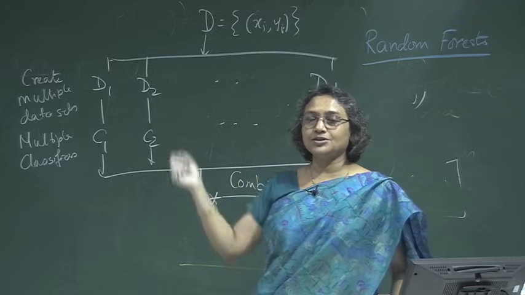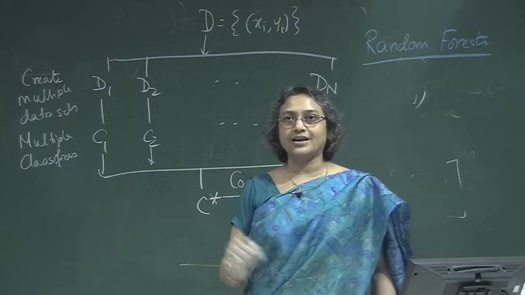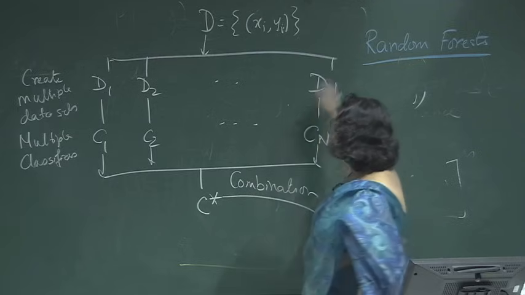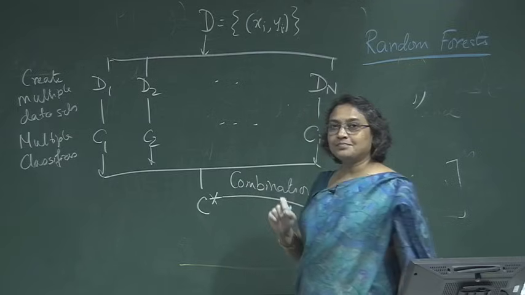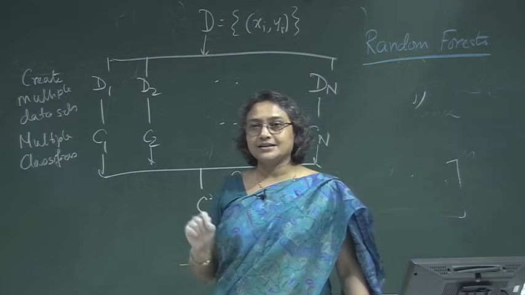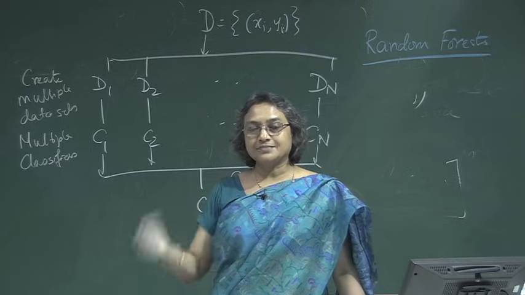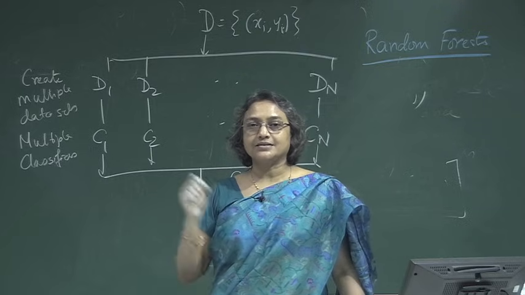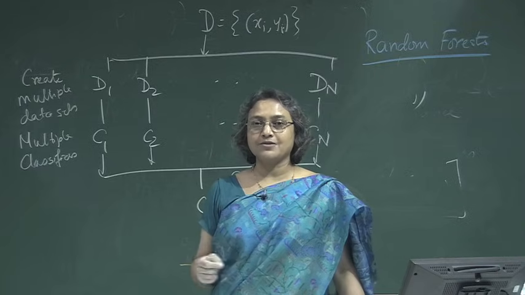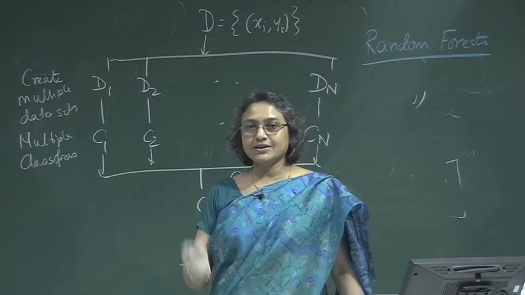And based on this, we have an ensemble classifier which is called random forest, and in many test cases, random forest has been found to do much better than the basic decision tree, and it is a powerful learning algorithm. With this, we close today.